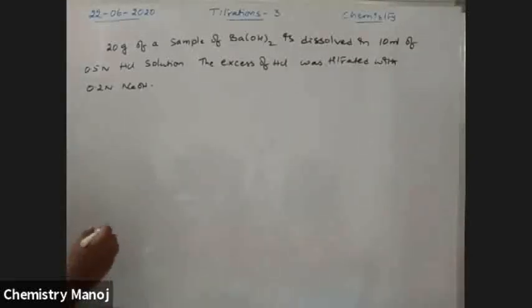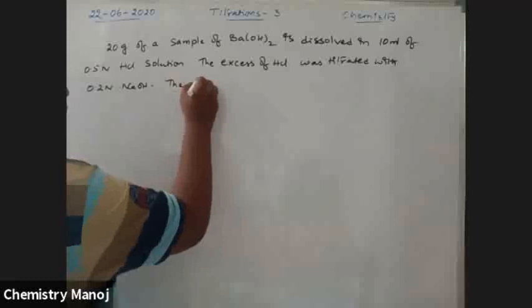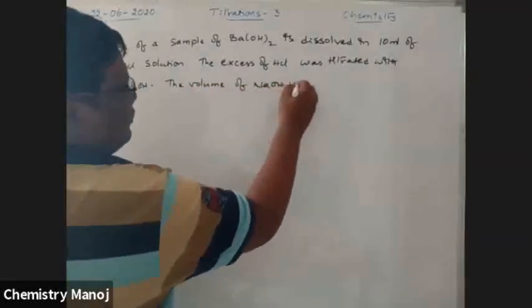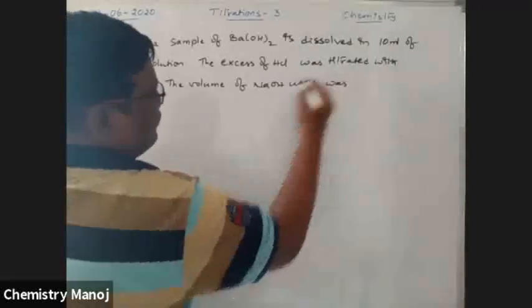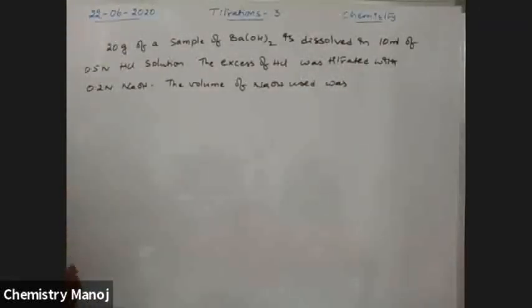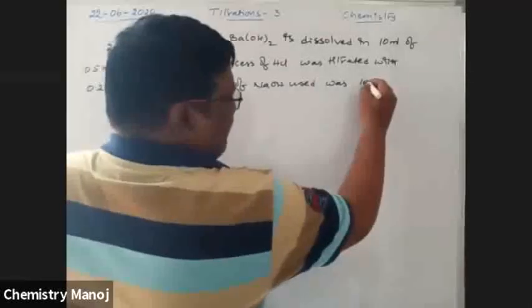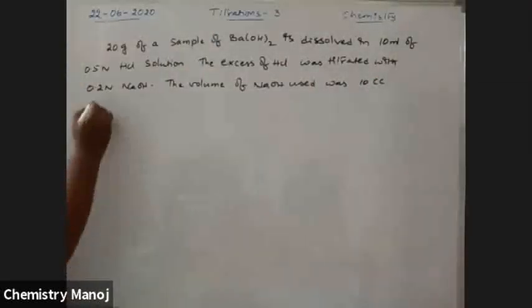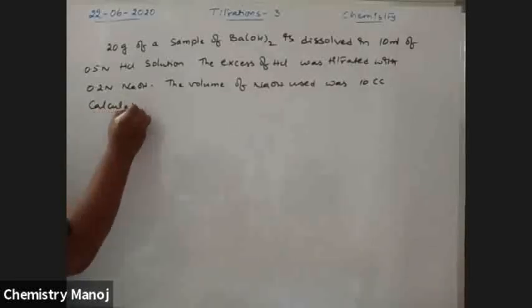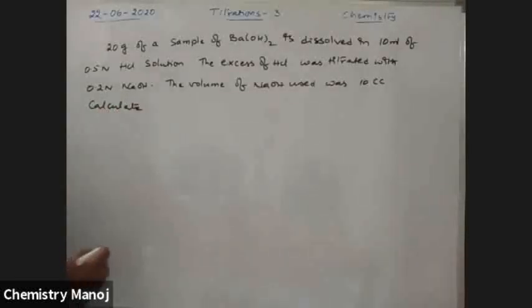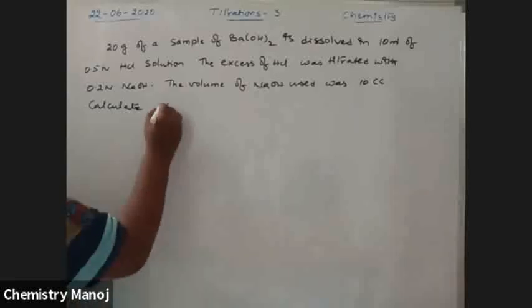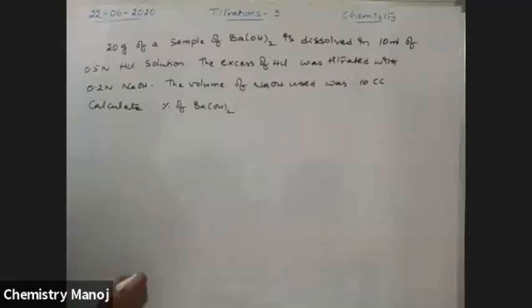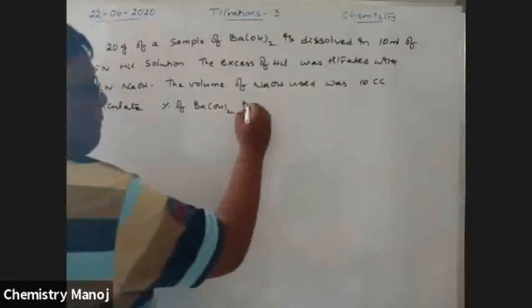The volume of NaOH used was 10 cc. Calculate the percentage of barium hydroxide in the sample.